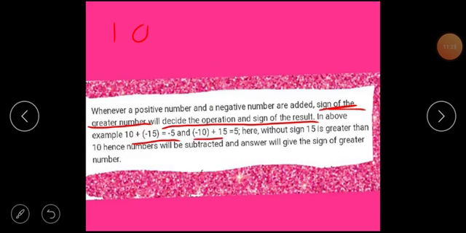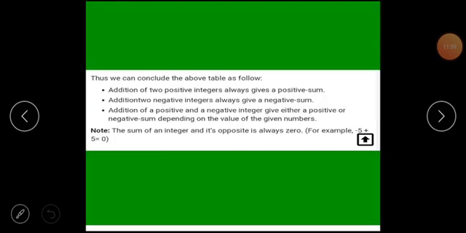And in minus 10 plus 15, again we have one positive and one negative number, so we apply subtraction and get 5. Why positive 5? Because our greater number is 15 with a positive sign. Without the sign, 15 is greater than 10, hence the numbers are subtracted and the answer takes the sign of the greater number. So student, these are the rules for addition and subtraction of numbers.